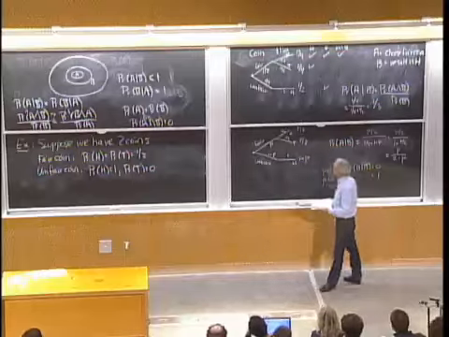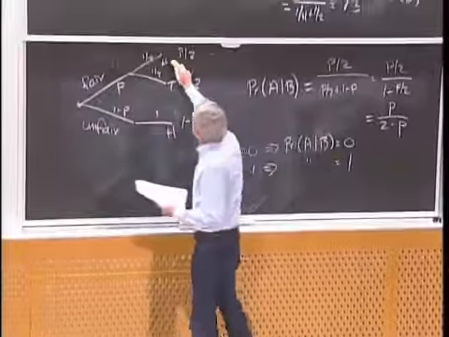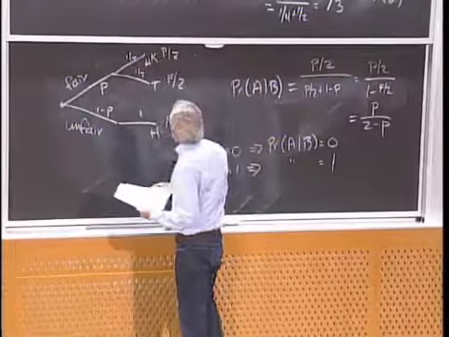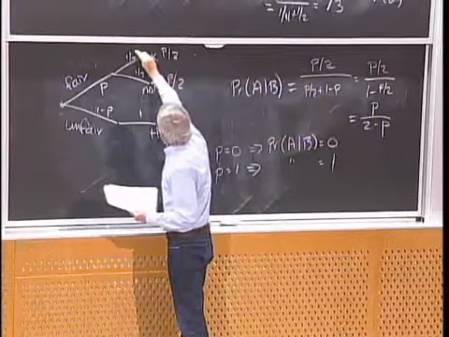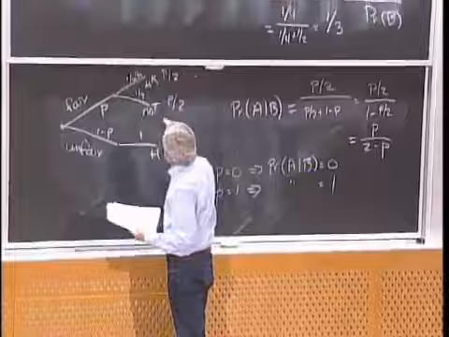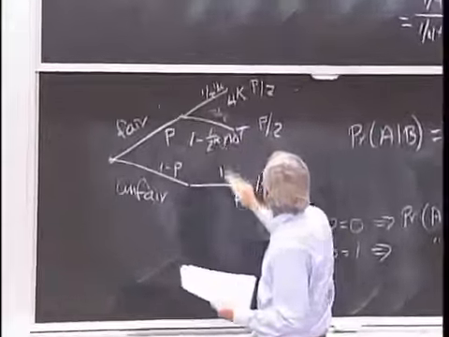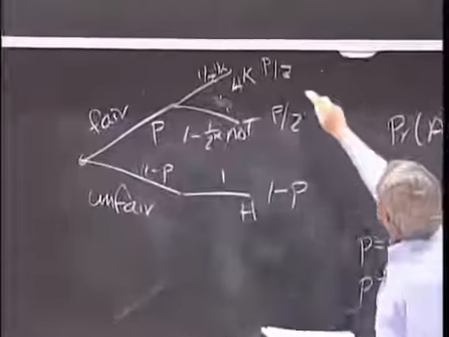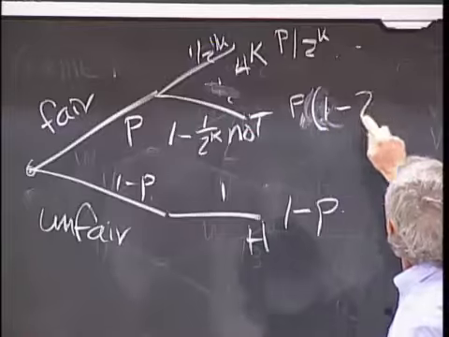So let's compute that scenario. So instead of a single heads, I get k straight heads and no tails. Well, this would happen with 1 over 2 to the k. This would happen with 1 minus 1 over 2 to the k. So this is now p over 2 to the k, and this is now p times 1 minus 2 to the minus k.